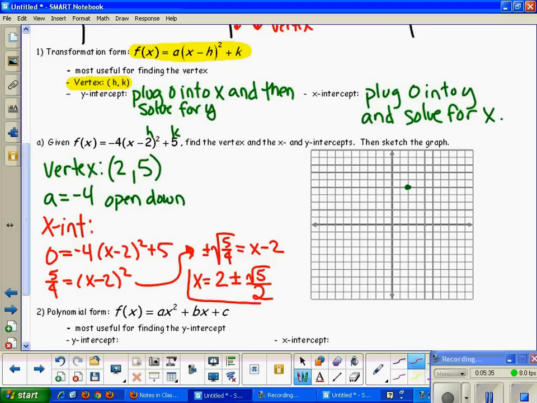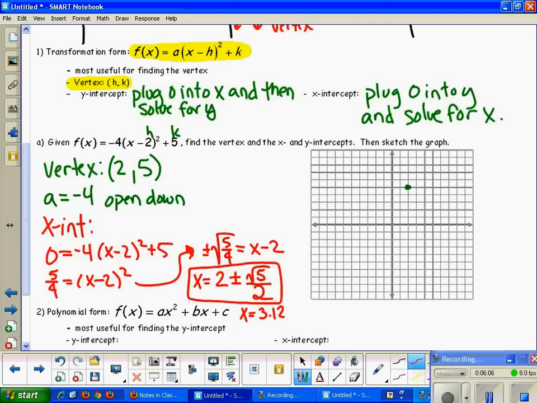So these would be my x-intercepts, and of course, if I want to graph them, the easiest thing to do would be to just use your calculator to figure out what the value is equal to. So if I do 2 plus root 5 divided by 2, I get 3.118, so 3.12.